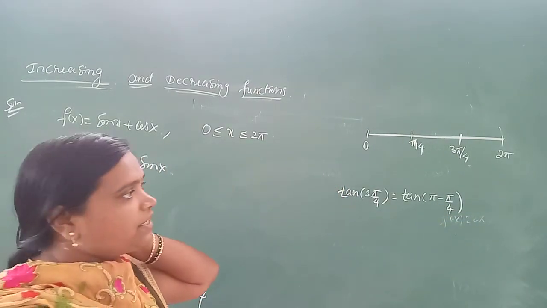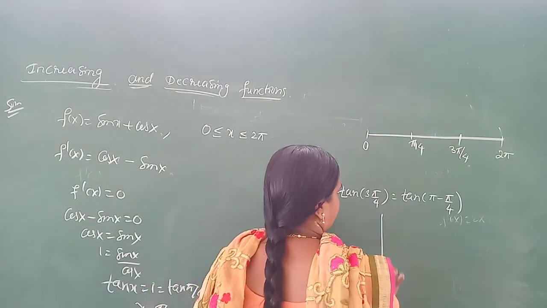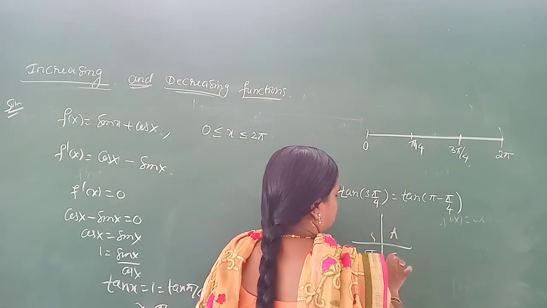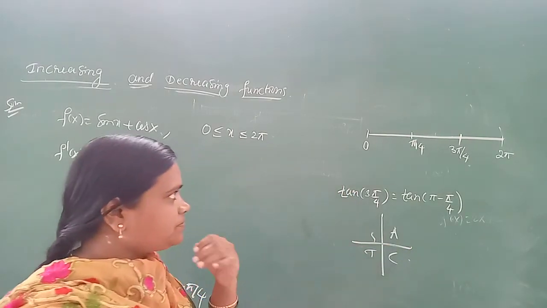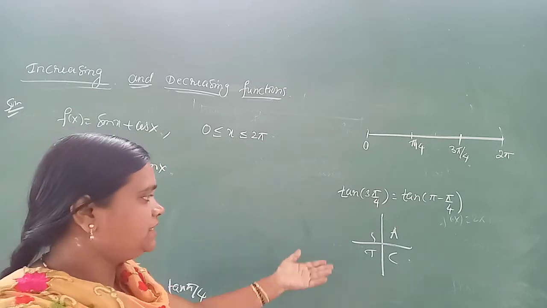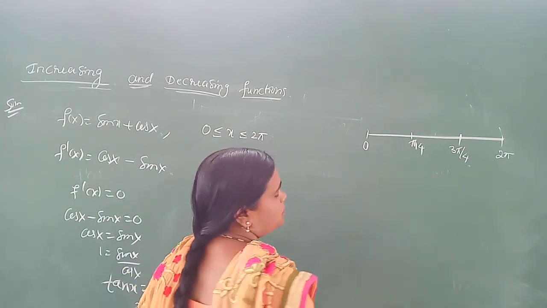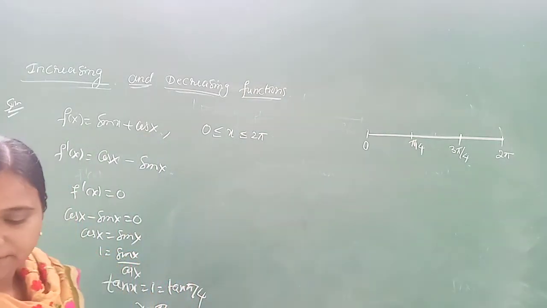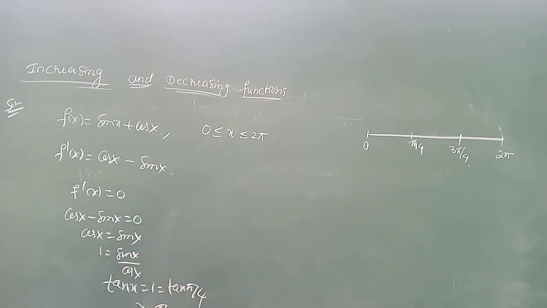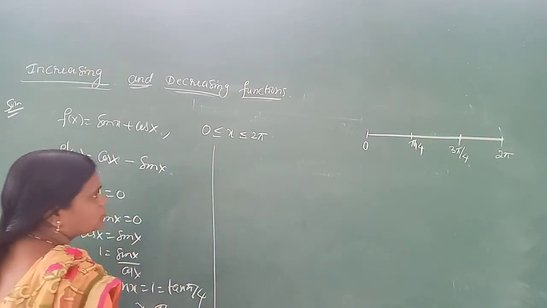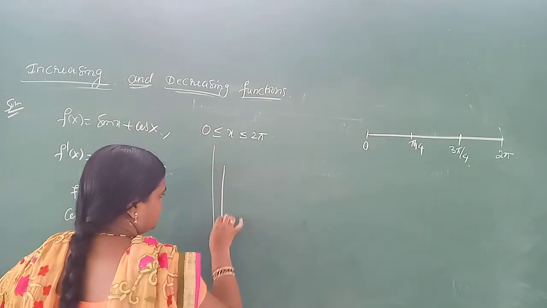We get 3 pi by 4 according to the ASTC rule. Therefore, we can apply 0 to pi by 4, next pi by 4 to 3 pi by 4, then 3 pi by 4 to 2 pi. Next, the calculation of intervals.